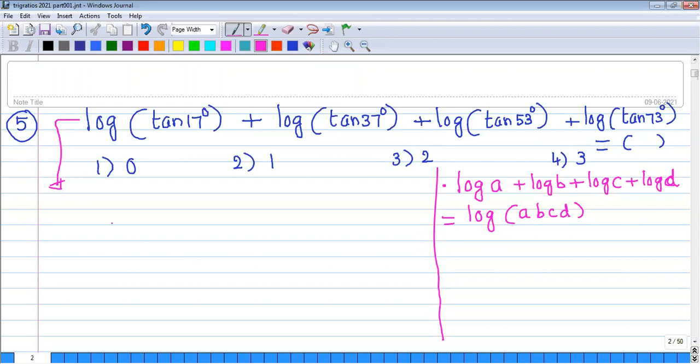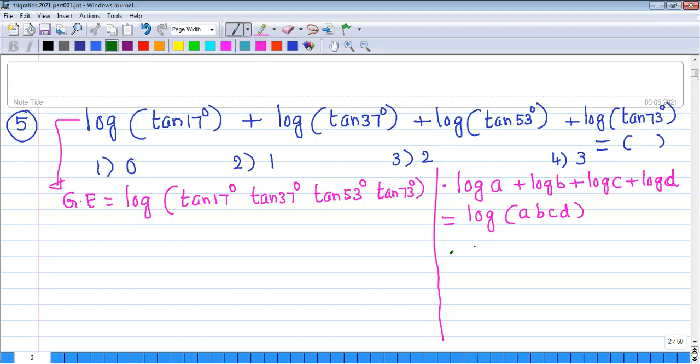Now the given expression we can write as log of tan 17 degrees, tan 37 degrees, tan 53 degrees into tan 73 degrees. So I will tell you one logic.